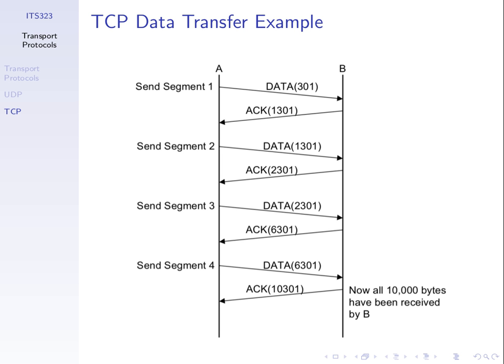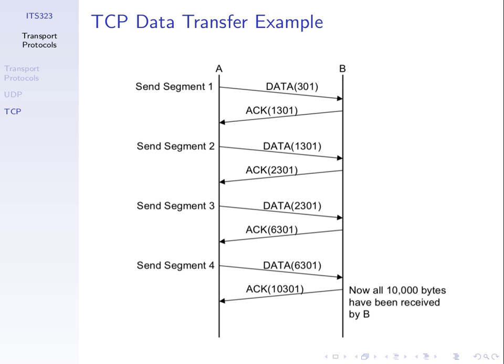When B receives that, it successfully received 2,301, 2,302, and the 4,000 bytes go up to 6,300. So it sends back an ACK with ACK number, I now expect 6,301. And then the fourth segment. And at that point, all 10,000 bytes have been received by the destination B.